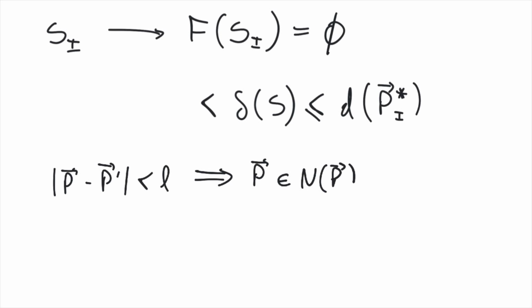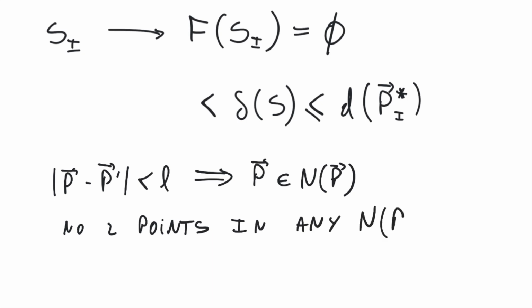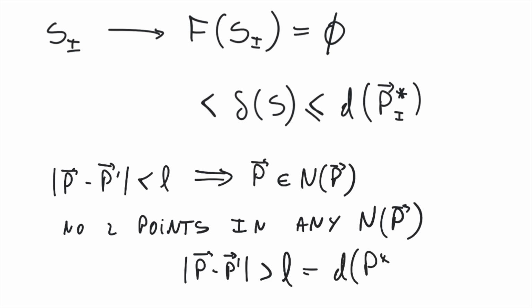So this means that when there are no 2 points in any neighborhood of P, then all the distances P minus P prime should be greater than L, which was d of P star at the last iteration over 3.